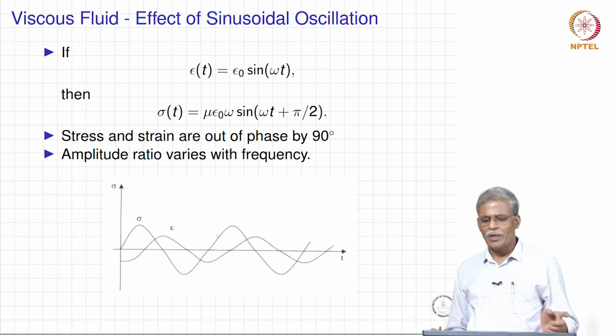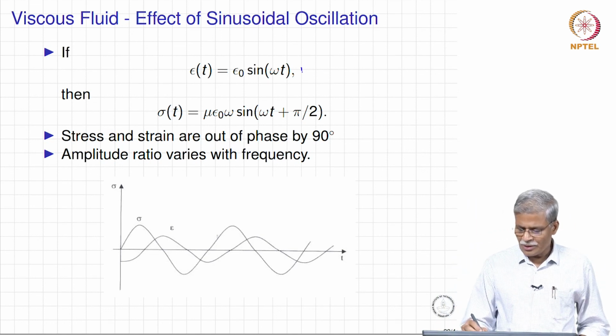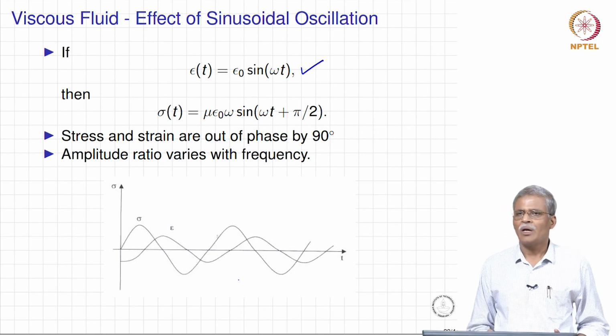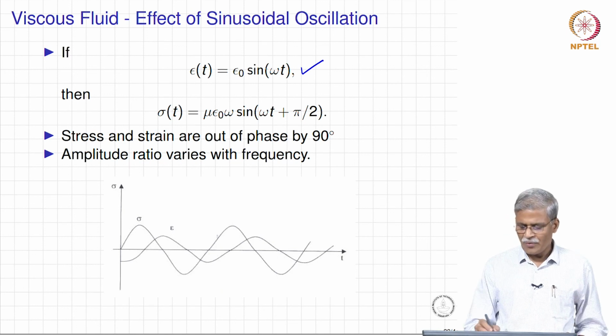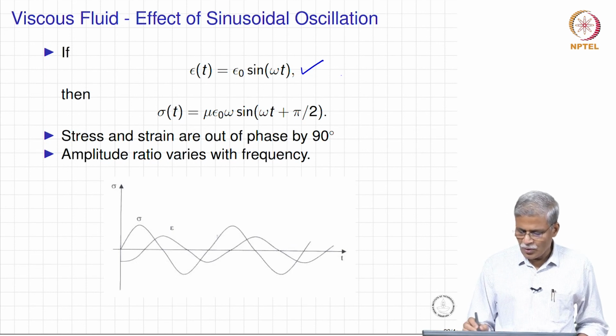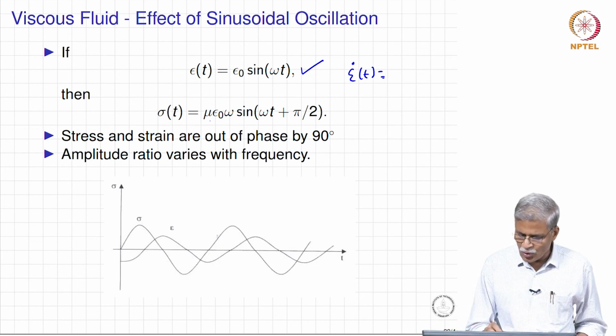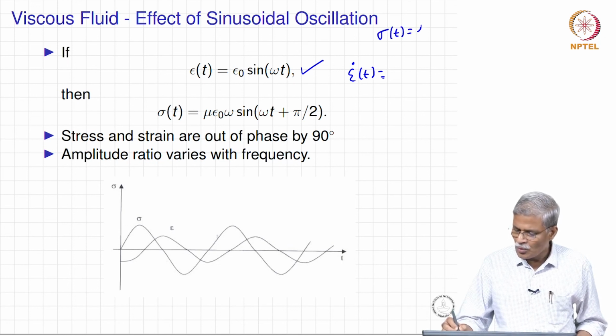And if you talk in terms of sinusoidal oscillation, if you subject it to this particular strain history, and you take the derivative of it and substitute it here, you know what you are going to get. If you write it in terms of sigma of t equal to mu epsilon dot, this is what you are going to get.